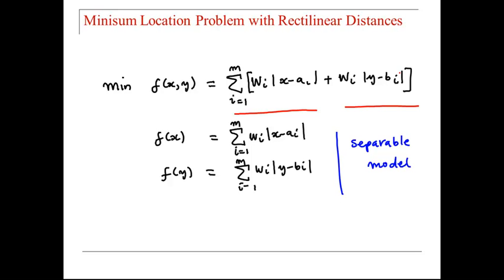So what I'm showing here is that we can separate this objective function into pieces because no part of this equation is the same as this part of the equation. So we can take this function in terms of x and y and separate the model in two pieces. We can focus only on the vertical distances, and we can also focus only on the horizontal distances. So that's why I'm calling that function a separable model.